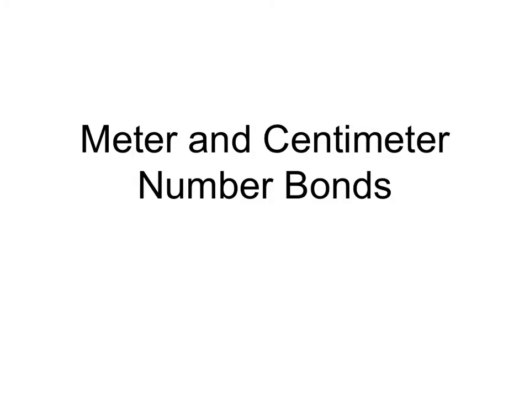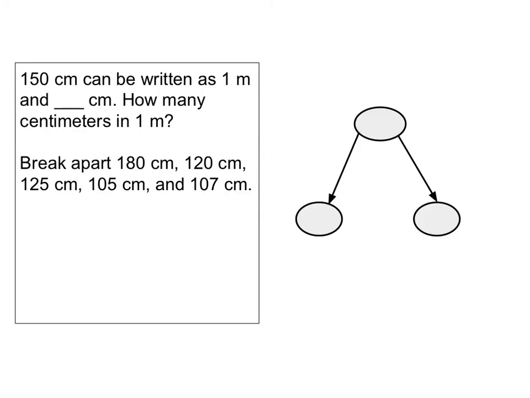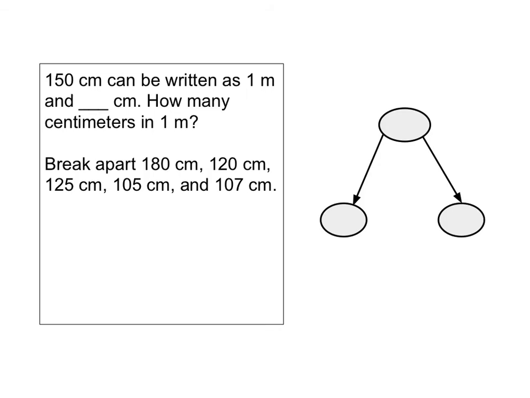Alrighty, we're going to switch to the next thing, and this is going to be meter and centimeter bonds. We're going to be working with number bonds to do this part. So when we look at the very first thing here, 150 centimeters. We're going to start off with 150 centimeters up there.